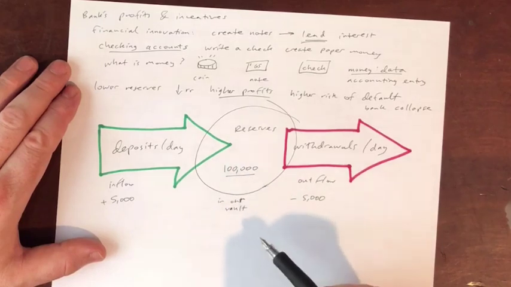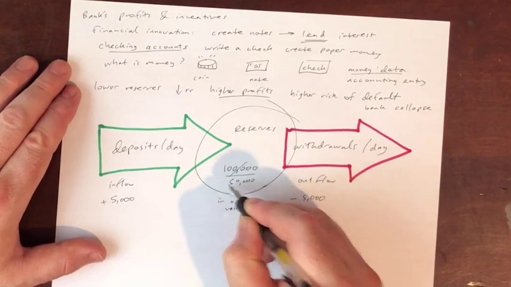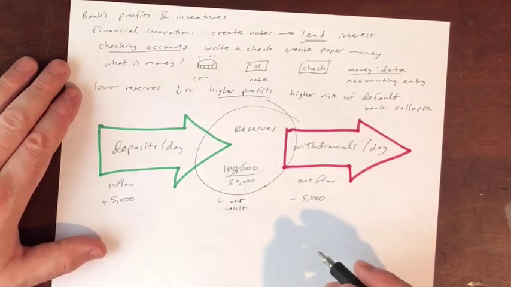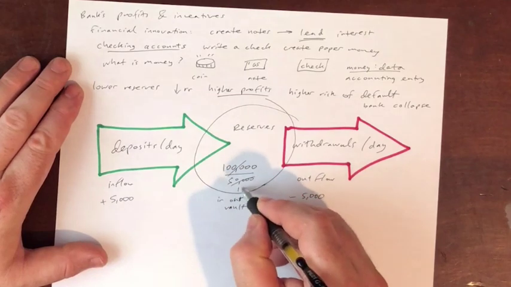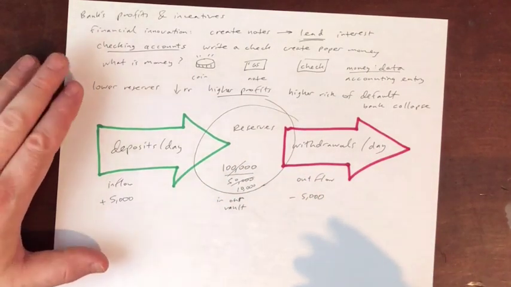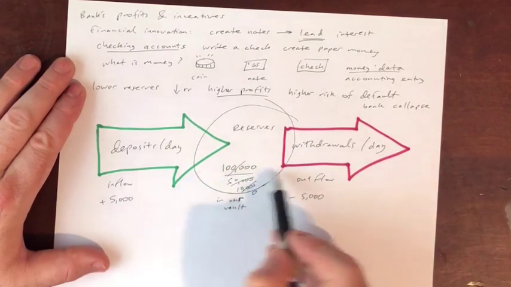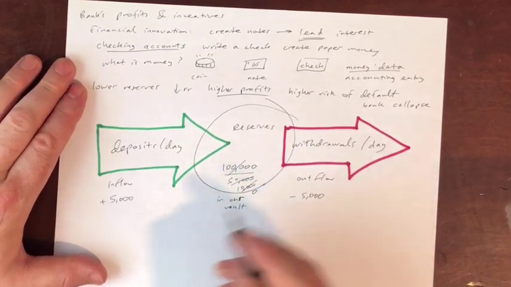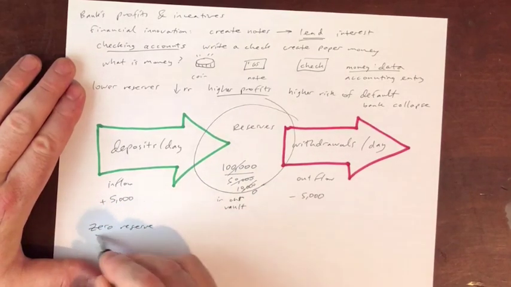Not 100,000, but let's say 50,000. Well, wouldn't it be more profitable if we had only 10,000? You see where this is going. The most highly profitable situation is where you actually have zero here. And this could work. This is a zero reserve system.